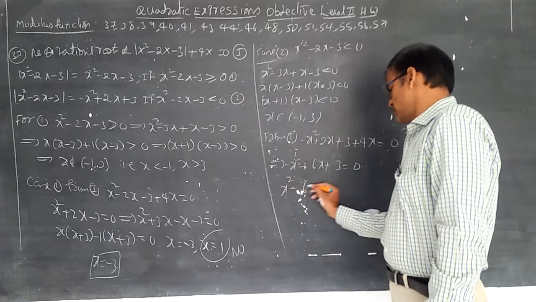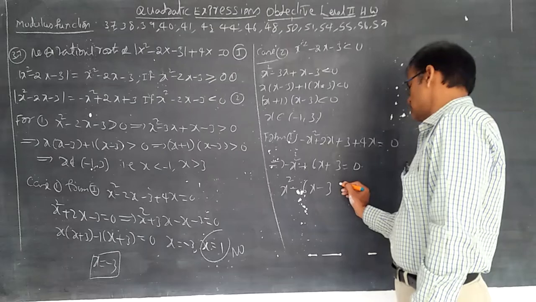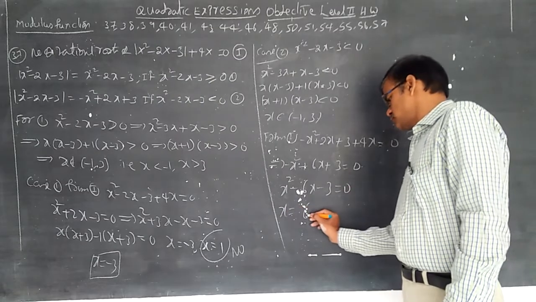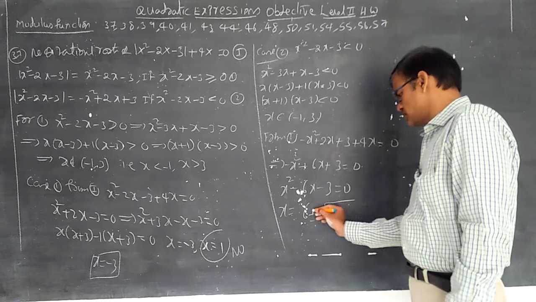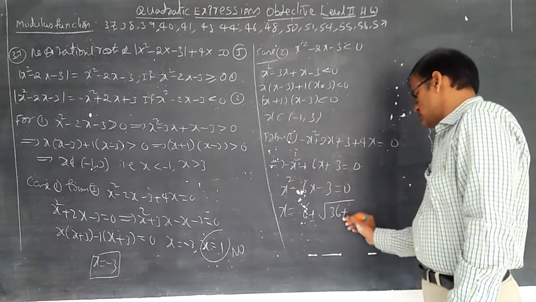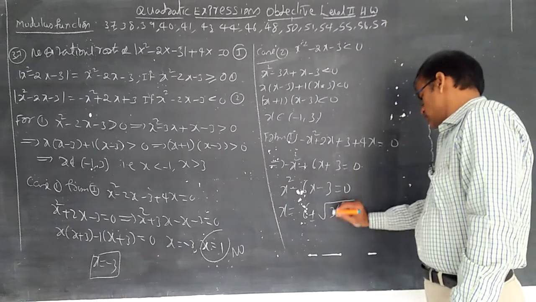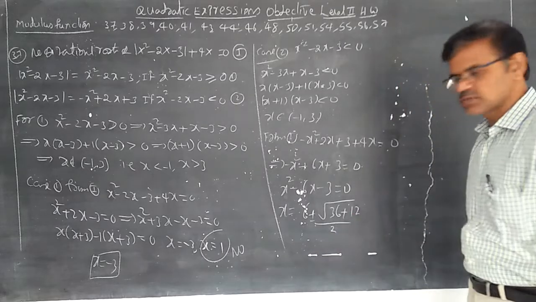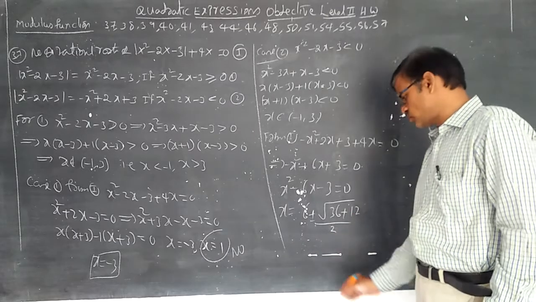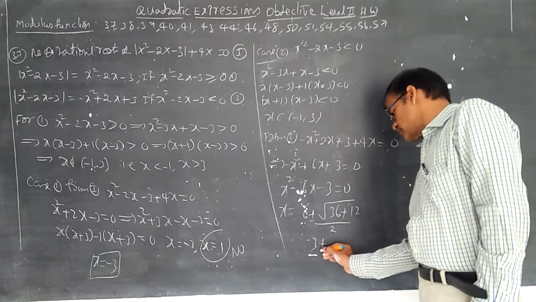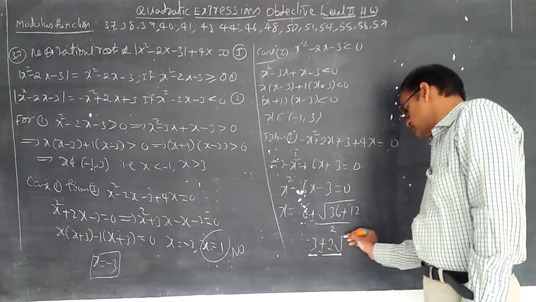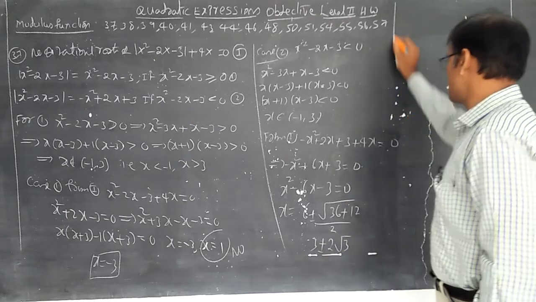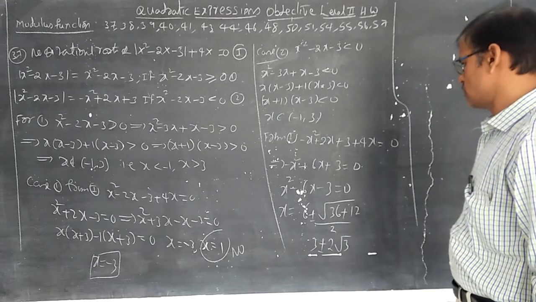So x square minus 6x minus 3 is equal to 0. x is equal to minus b plus or minus root b square minus 4ac by 2a. So 6 plus or minus root 36 plus 12, which is 48, and root 48 is 4 root 3. So you can write 3 plus or minus 2 root 3: 3 plus 2 root 3, and 3 minus 2 root 3.